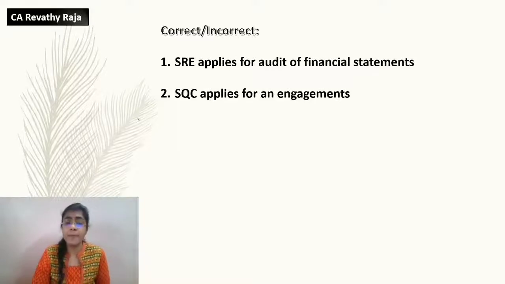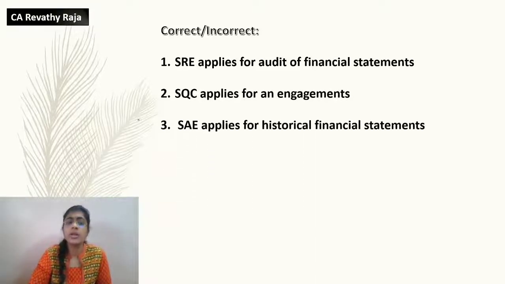SQC applies for an engagement. Does SQC apply for engagement alone? No. Answer is incorrect. SQC applies for the quality control of the firm as a whole. It is not related to the engagement or engagements. Clear? Now, third one.